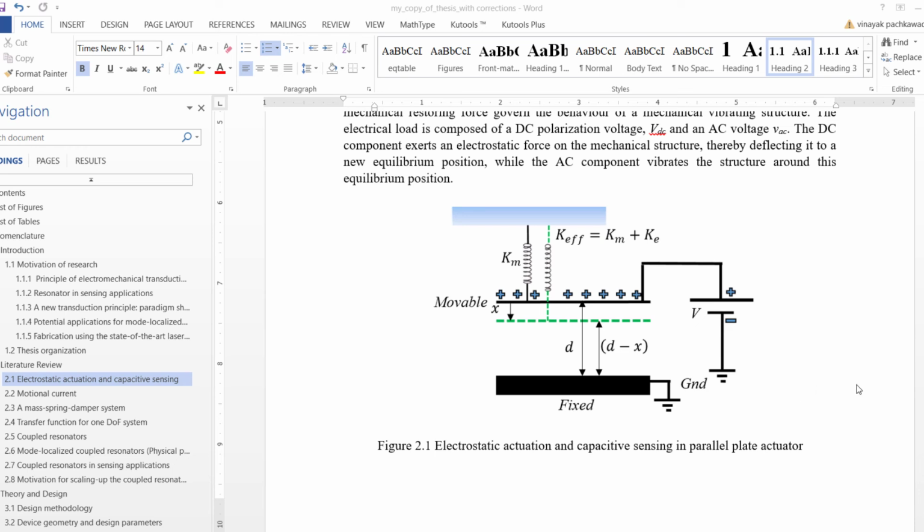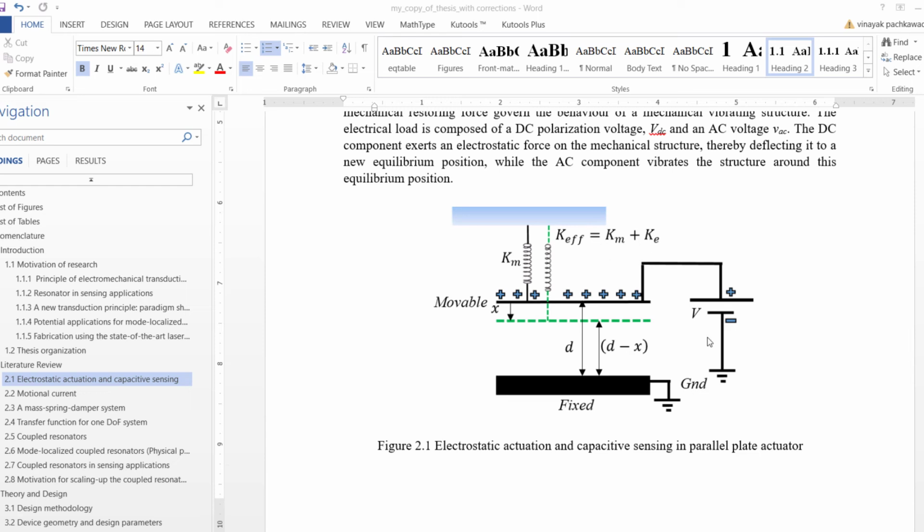All right. So in the previous video, we saw the operating principle behind this parallel plate actuator based on electrostatic actuation and capacitive sensing, and we see that when this top plate gets displaced by a distance x, this spring, which is a mechanical spring given by spring constant in Newton per meter, gets stretched, and its original value, or say nominal value, gets altered, which can be equated by this expression, that is K effective equals Km plus Ke.